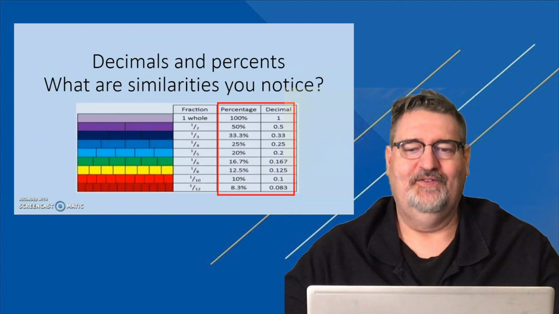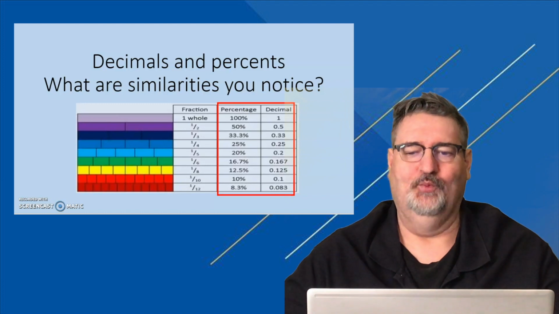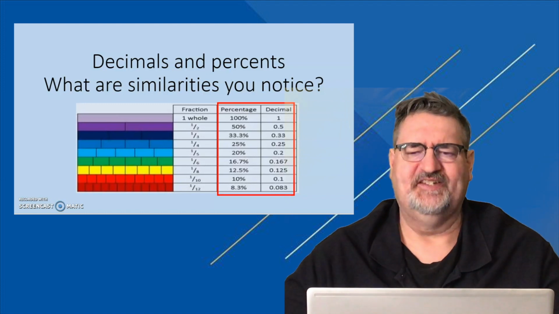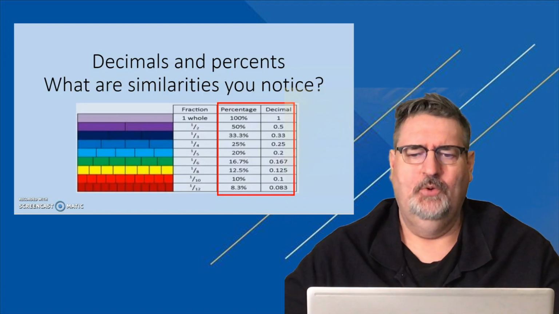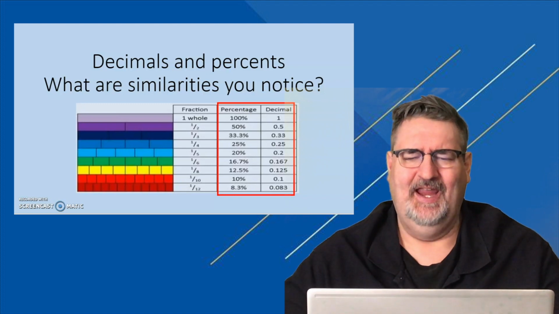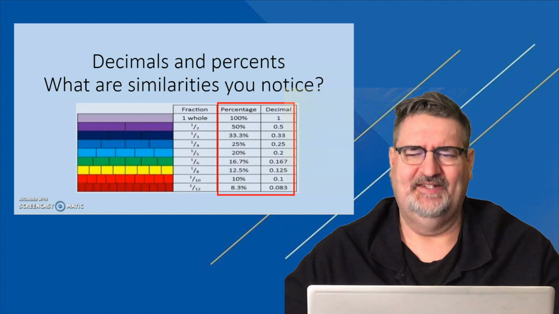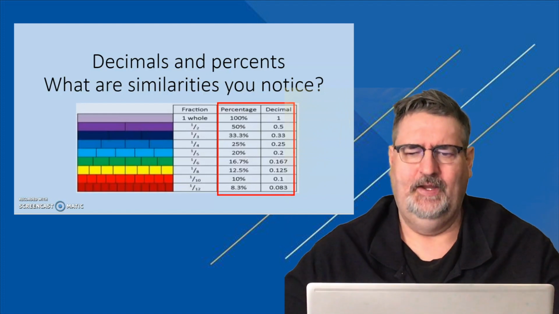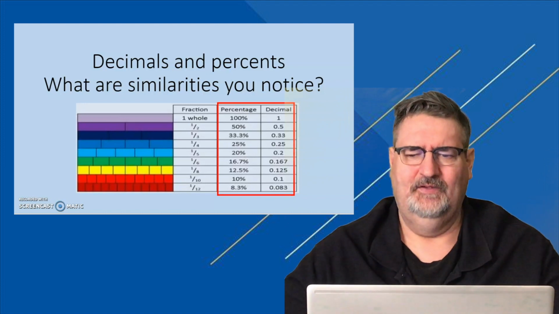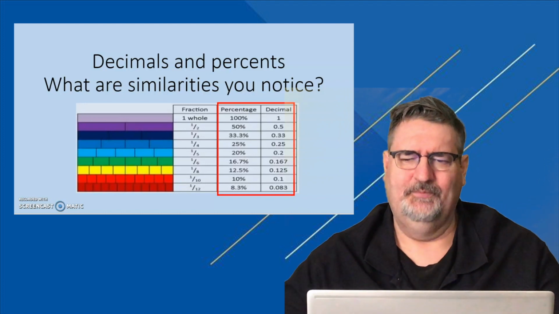All right, let's look at these decimals and these percents in the right 2 columns, and let's look for similarities. Well, in the first row, I see a 1 is in both of those columns. And the next one, I see a 5 is in both those columns. Then I see 33 and 25. Oh, there's 2 numbers behind each of those.